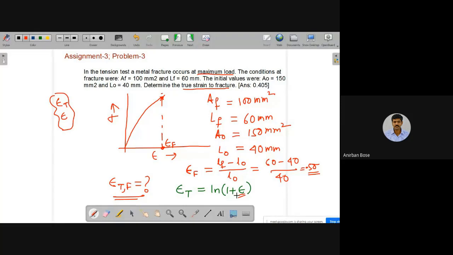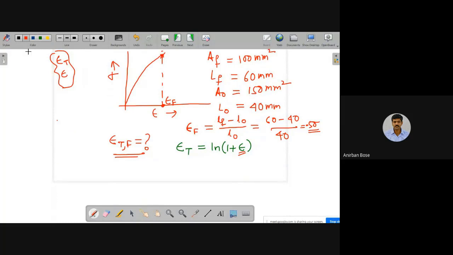So epsilon T at F will be equal to ln of 1 plus epsilon F. If you do that calculation, ln 1.5. Okay, because epsilon f we have already calculated as 0.5.